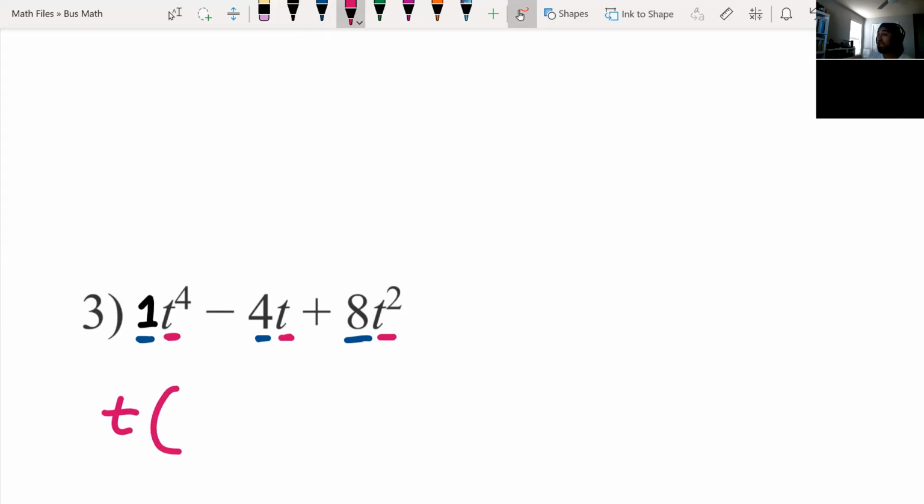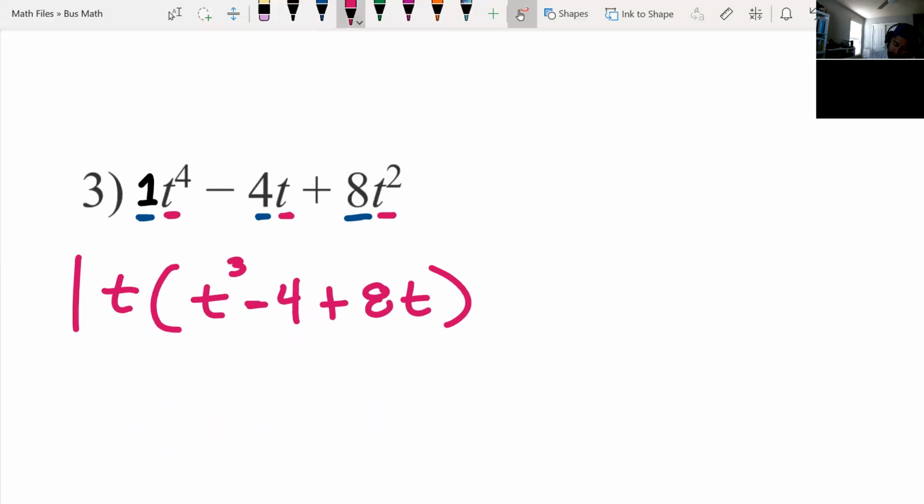So what is t factored from t to the 4th going to give me? T to the 3rd. Good. And t from negative 4t? Negative 4. Good. Plus t from 8t squared, what am I going to get? 8t. There you go.